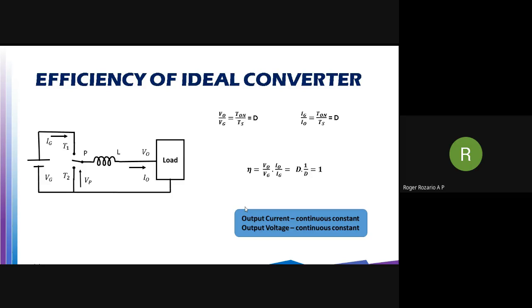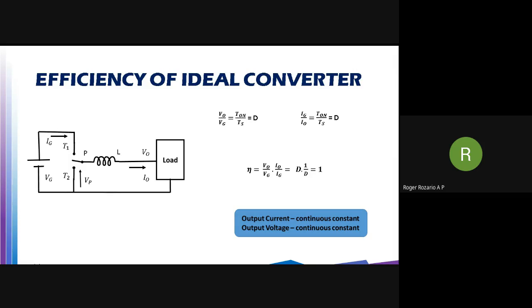But in practical conditions, there are various non-idealities. One such non-ideality we discussed in the last class was non-ideality in the inductor current. We had assumed that the converter has a current which is perfectly constant and an output voltage which is also perfectly constant.